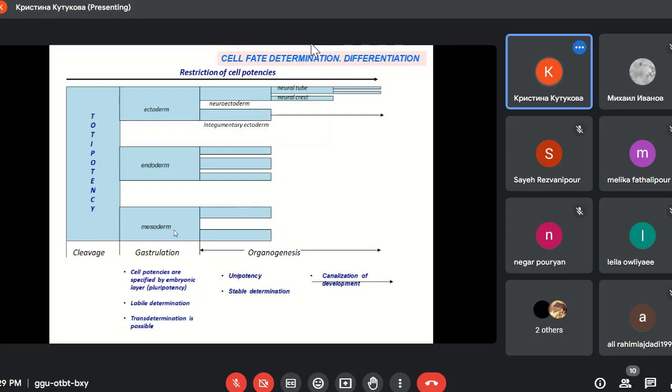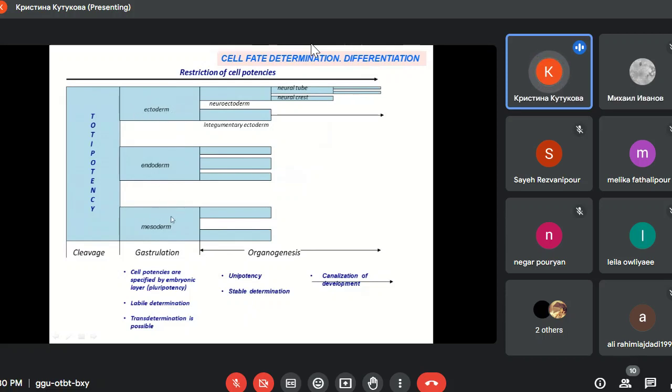So if you take a cell of mesoderm, you can grow a skeletal muscle, for example, from it, or a cartilage cell, or a cell of connective tissue of dermis. Any cell that can develop from mesoderm, but not the keratinocyte of skin, which develops from ectoderm.